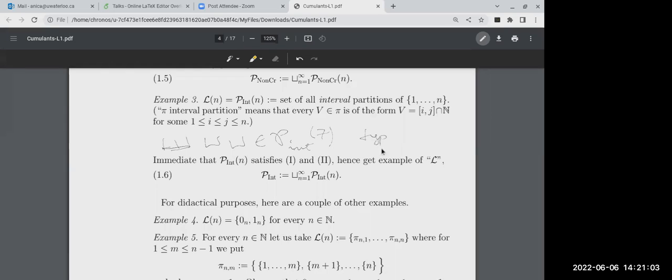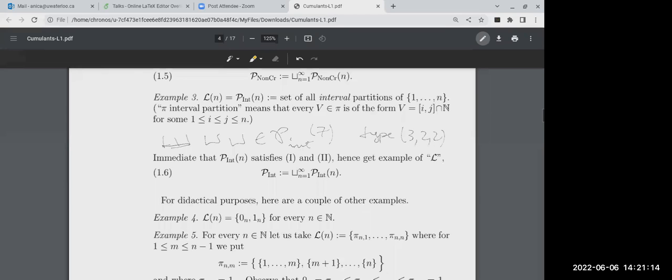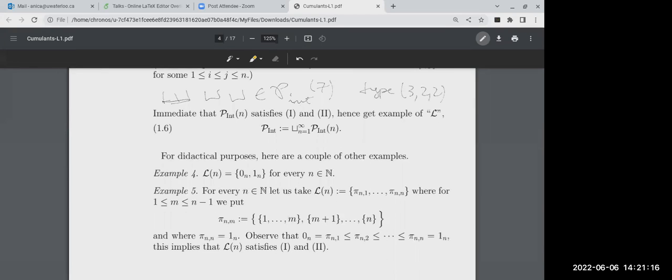So pretty much these partitions are ordered sequences of positive integers which add up to n. It's a very simple structure, but again, it's an example satisfying the conditions that we want to follow. And these were the 3 main examples.